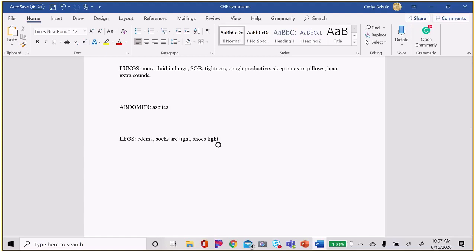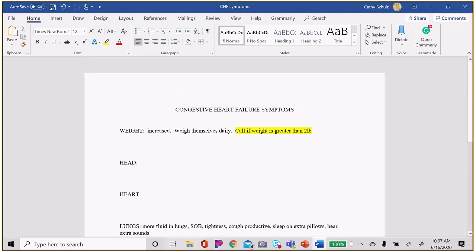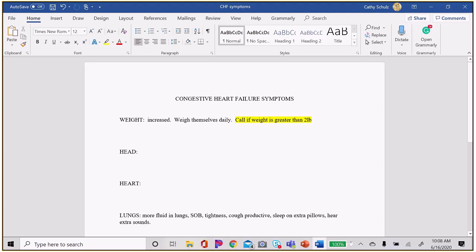So when someone takes an antihypertensive, it's less obvious that it's working, because I would have to take their blood pressure to know. But this should be a little bit more obvious in terms of symptoms. And you'll see where I highlighted about calling about the weight. That's very important. If the weight is getting to be 2 pounds extra, that's actually really bad.